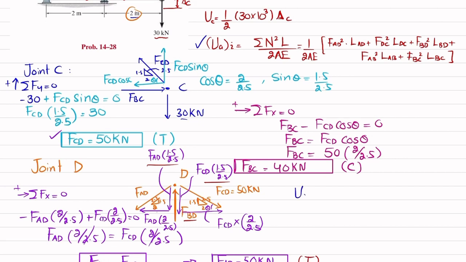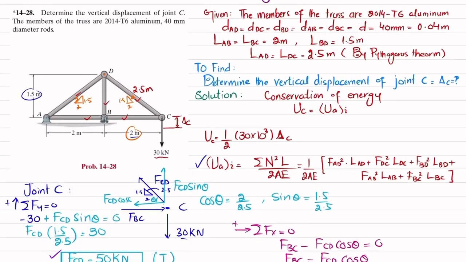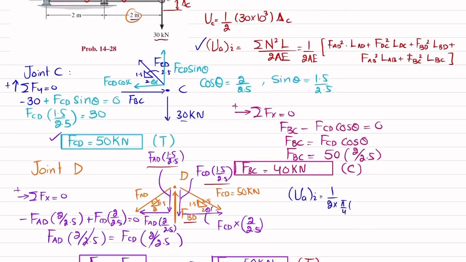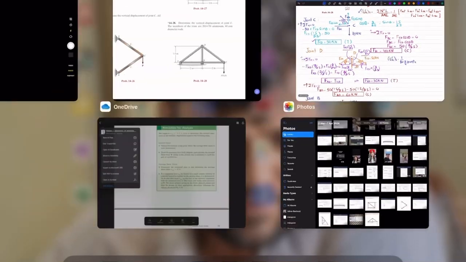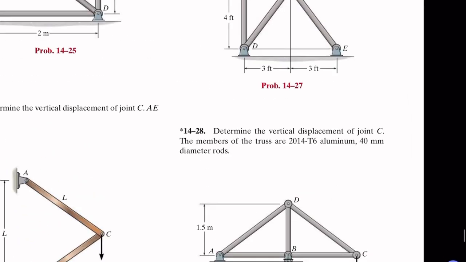UA due to I is equal to 1 over 2 A. What is A? So the area of the rod is pi by 4 d square. So d is 0.04, so 0.04 square. And what is E? So E for A992. Okay.